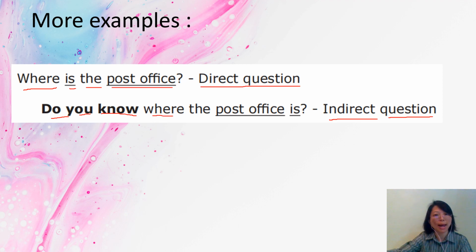Then you write where the post office is. Like what I say just now, you put the is as the last word in the question. So the indirect question will be, do you know where the post office is?